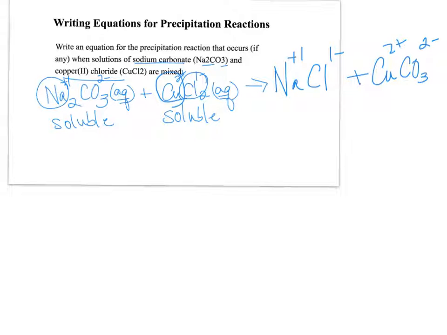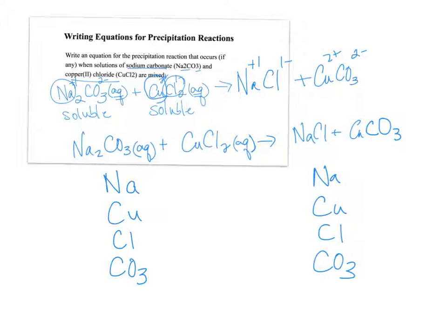Once you've created your new compounds by taking the positive ion from one compound and combining it with the negative ion from the other compound to create your products, you now need to balance the equation. So I'm going to go ahead and balance my equation. I see that I have 2 sodiums on the reactant side and I have 1 sodium on the product side.